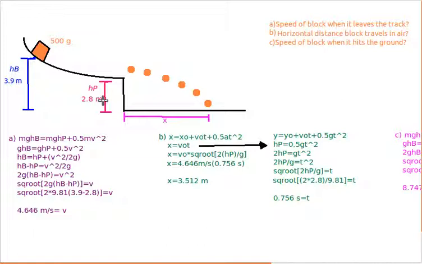Okay, so to begin, with A, the speed of the block when it leaves the track, we are going to use the law of conservation of energy, which basically states that in an isolated system, the total energy will remain constant. So that basically says that the energy is neither created nor destroyed.